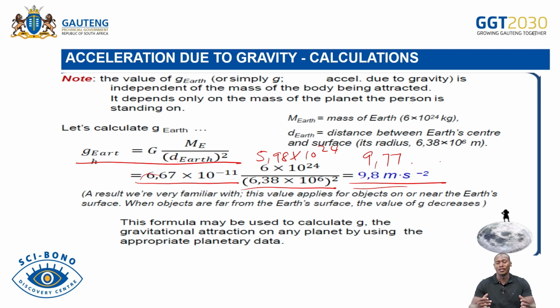And then we will do more calculations on Newton's law of universal gravitation and acceleration due to gravity. I think for today we have done enough. If I move on again from this, I will be confusing you.